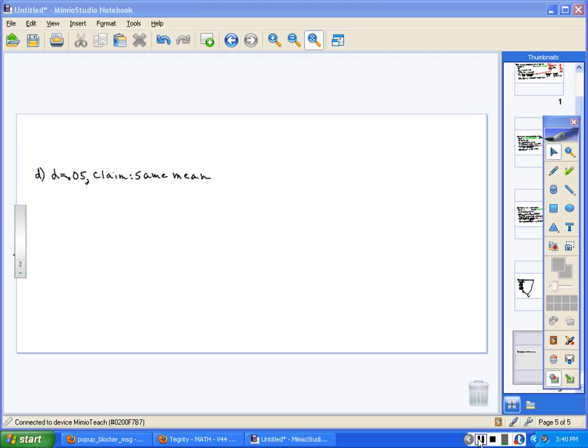Get rid of a little bit of extraneous stuff here, and I think we're okay. Okay, so let me try the information again. Men. N is equal to 40. X bar is equal to 79.8. And S is equal to 6.8.